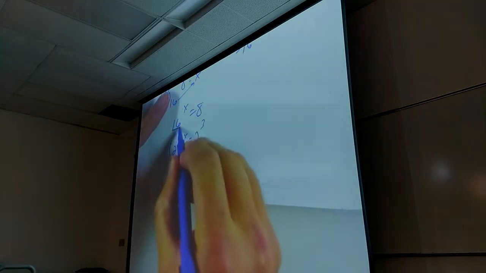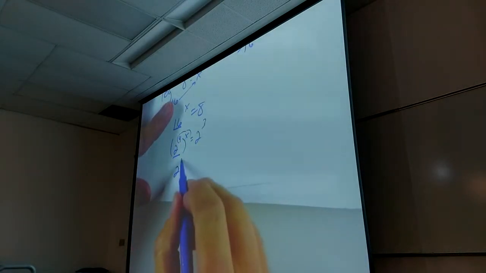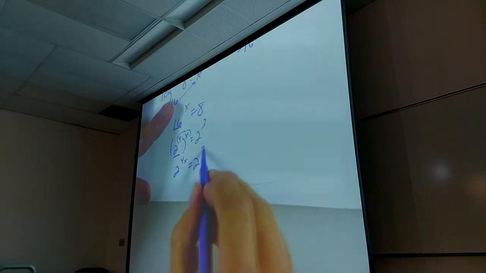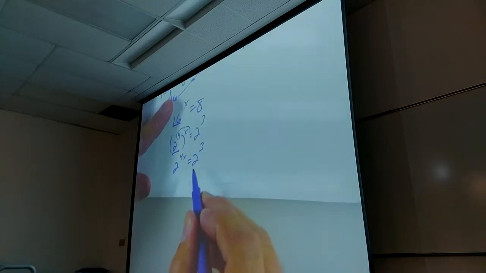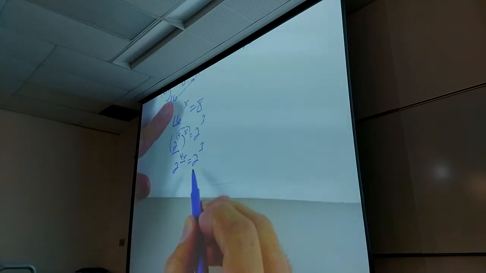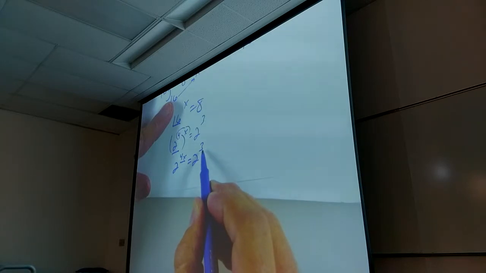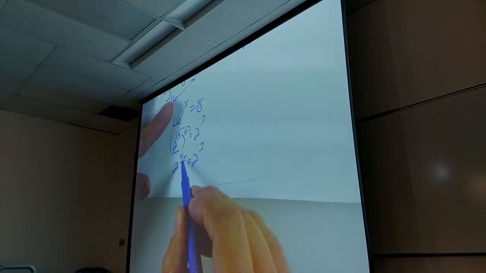So pretty cool. This 16 is 2 to the 4th, right? So anywhere I see 16 in the universe, I can replace it with 2 to the 4th, especially when it's helpful. What do I do with these? Multiply them. So I get 2 to the 4x equals 2 cubed. What's the only way that could possibly be true is if 4x is 3. You can see that. This is saying 2 to some unknown power is 2 to the 3rd.